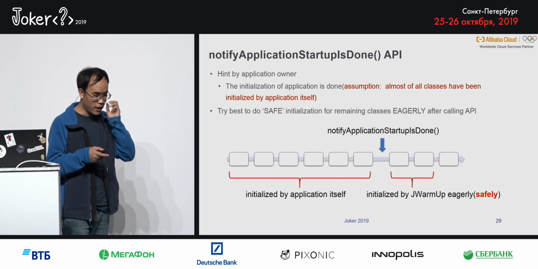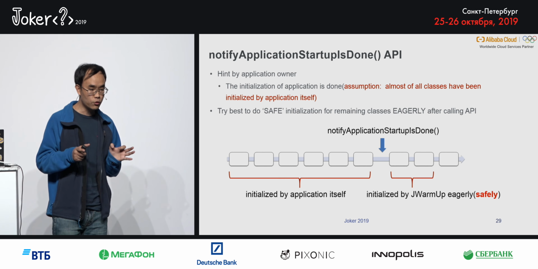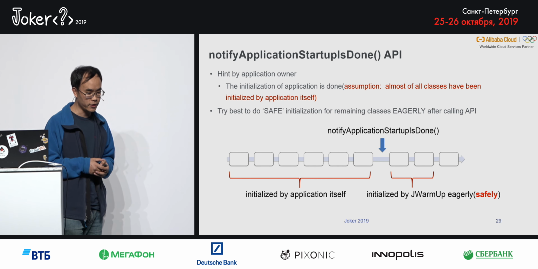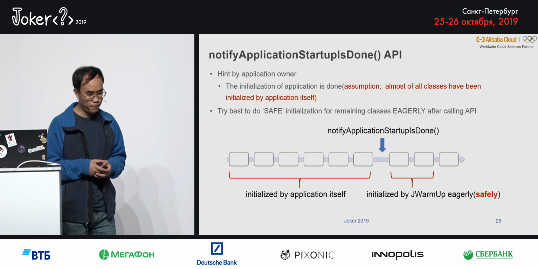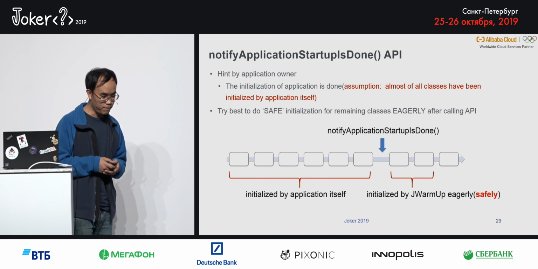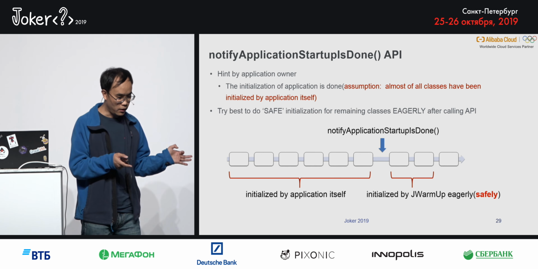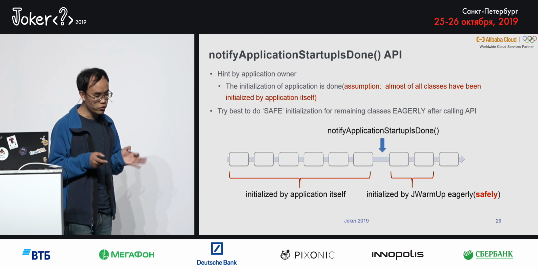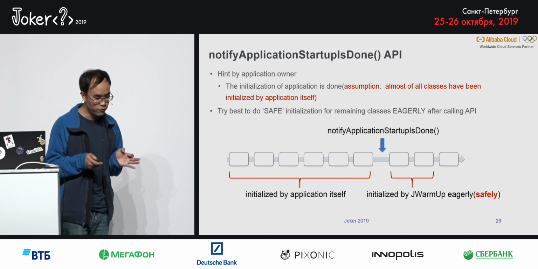After this API is called, in the second round, we try our best to do safe initialization for remaining classes eagerly. You can look at this picture. Before this API call, the classes have been initialized by the application itself.